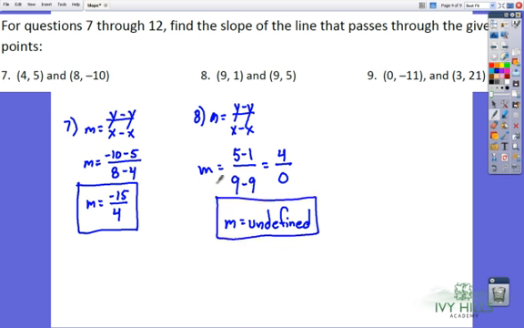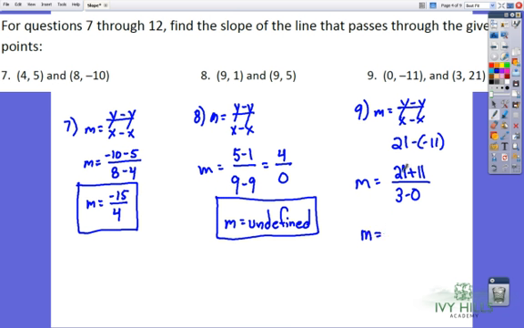For number 9, again, you want to start by writing the equation for slope. M equals y minus y over x minus x. That's going to be 21 minus minus 11. I'm going to put that minus from the equation of slope in there, and then the negative 11 is going to actually change that to 21 plus 11, all over 3 minus 0.